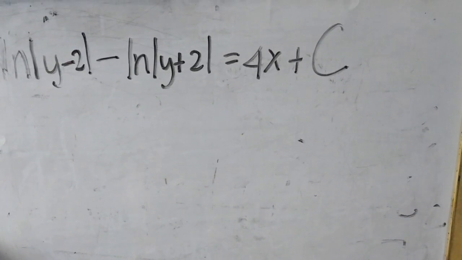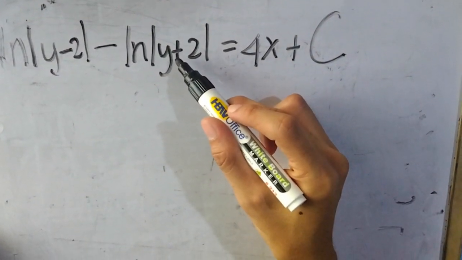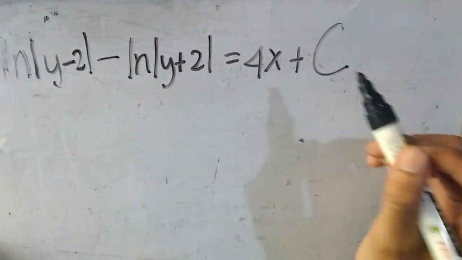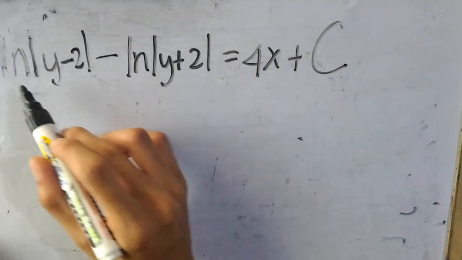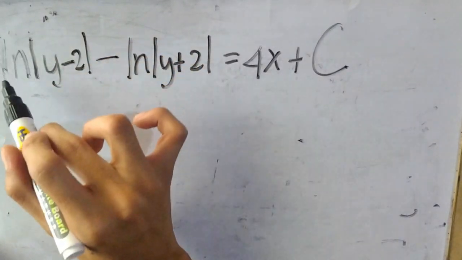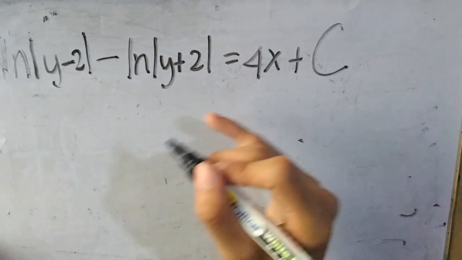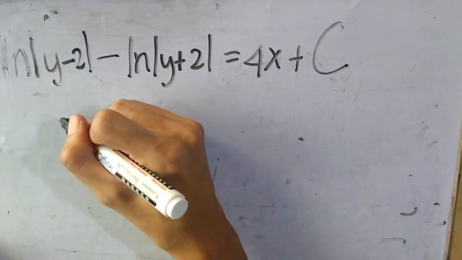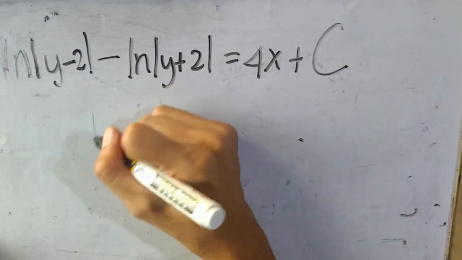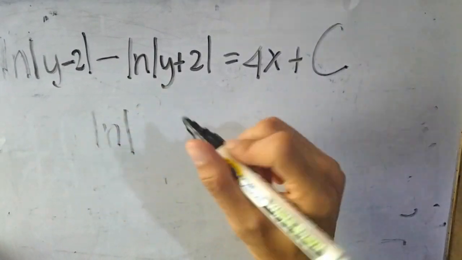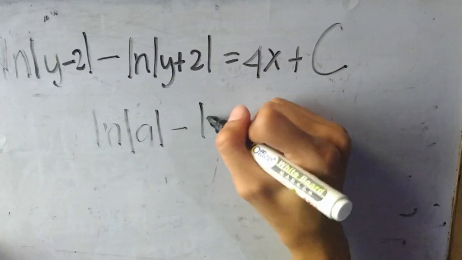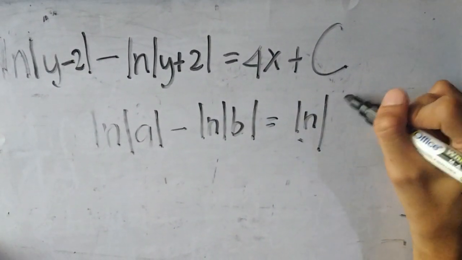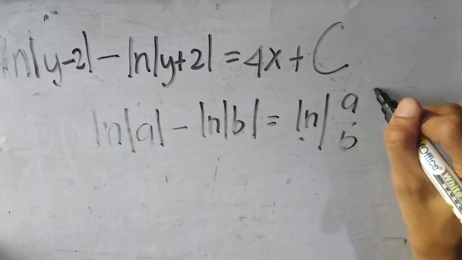Our goal here is to have y as a function of x, so we will cancel this natural log. In order to do that, we have to recall our knowledge of the properties of logarithm, which is ln a minus ln b is equal to ln a over b.